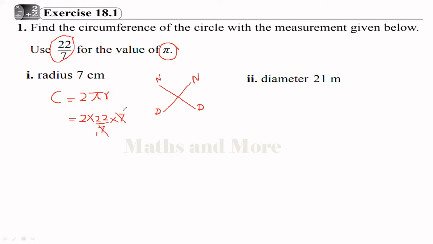Now we can multiply. Normally we don't write denominator 1. If the 1 is in the numerator, you have to write it. 2 into 2, 4. 44.